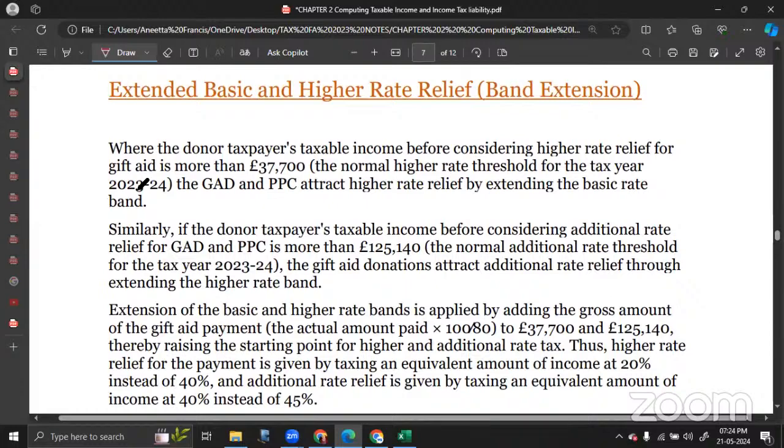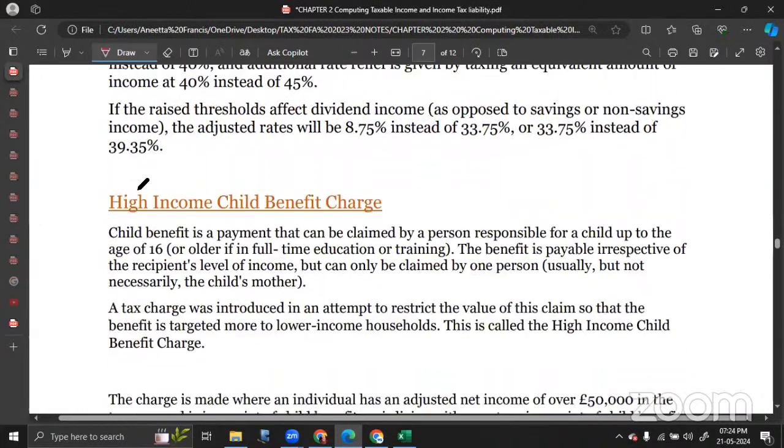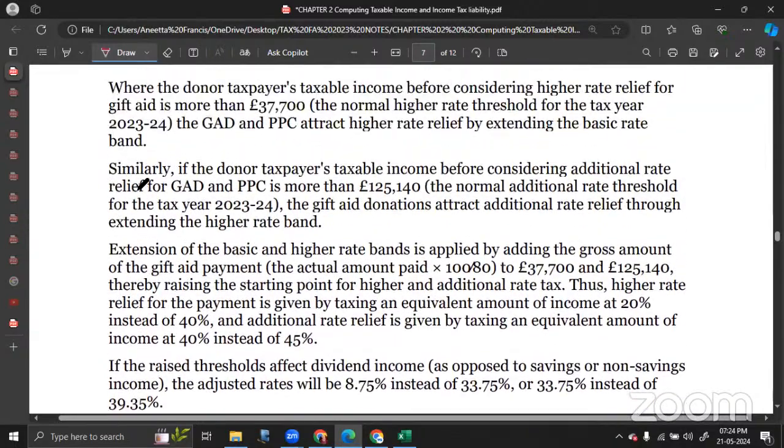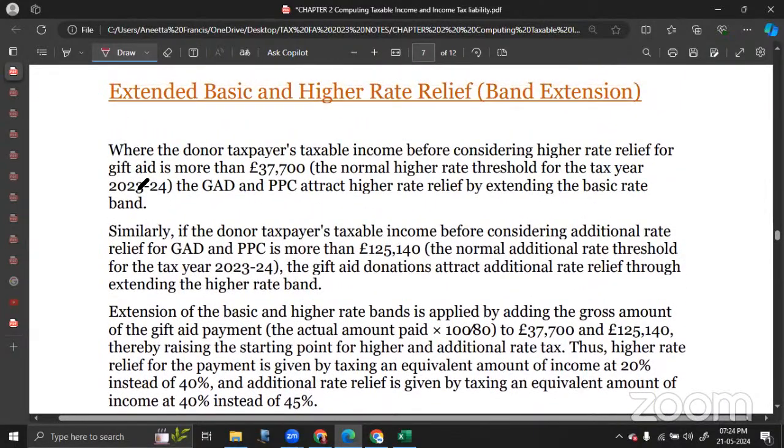Extension of band, which is very important. I've always told you in the class, there are two situations where you have to do a band extension. Number one, in the question, there should be a PPC, a personal pension contribution, or a gifted donation. Number two, in the question, they should say compute income tax liability or compute income tax payable.